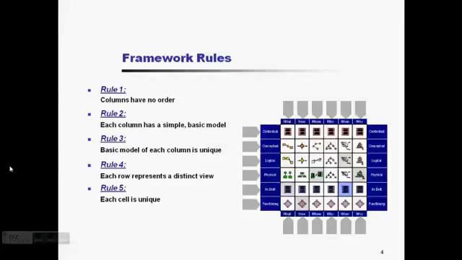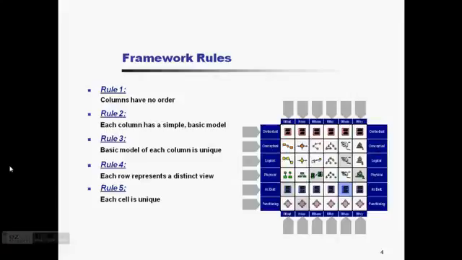Because each cell is unique in different technology and different graphical representations, they need different graphical representations because they are appropriate for different cells.